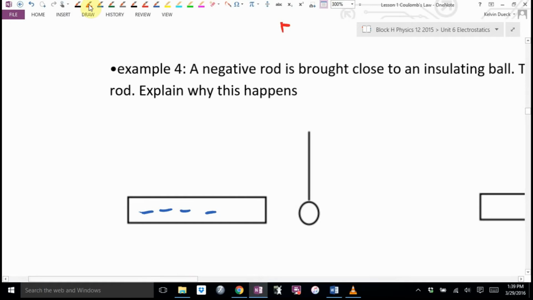Now the ball initially is neutral, so I'm going to say that it's got 2 pluses and 2 minuses. Really, it has 50 trillion pluses and 50 trillion minuses, but it's neutral. Did you see initially the ball was attracted? Now, why? Well, because this ball is an insulator, we can polarize it.